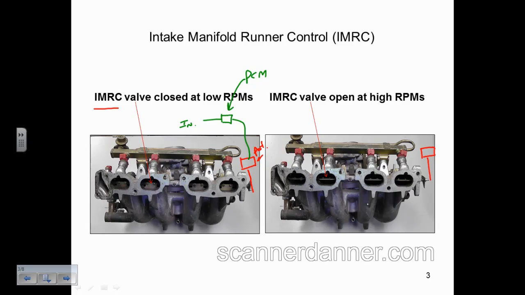Then this solenoid would split the vacuum to the two runner control valves. This had a potentiometer in it too, so we had intake manifold runner 1 and intake manifold runner 2. The issue with this is the diaphragm would rupture and we'd have a leak on this side. And when that would happen, neither side would work.